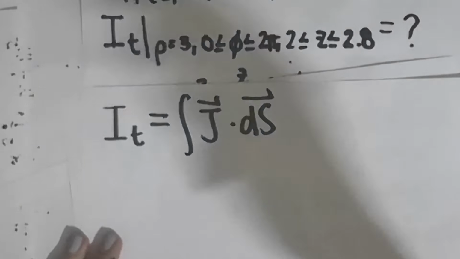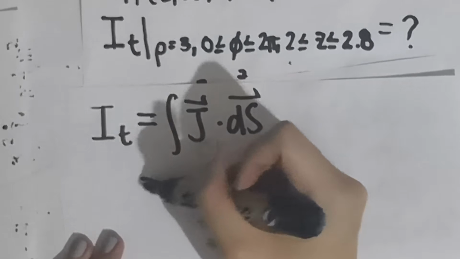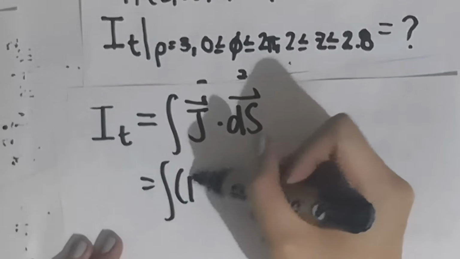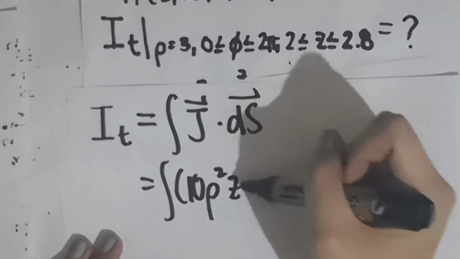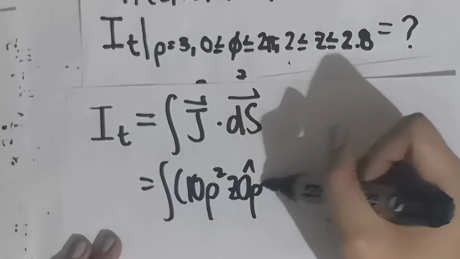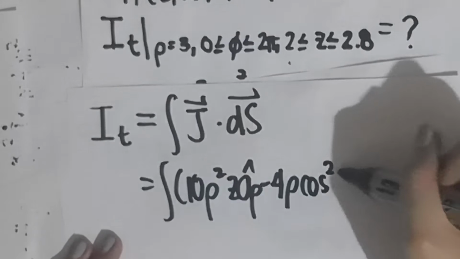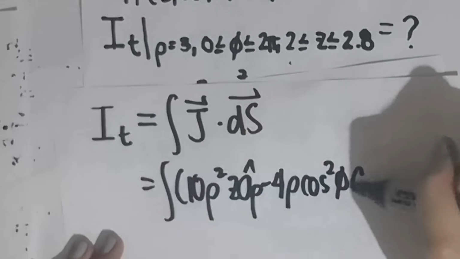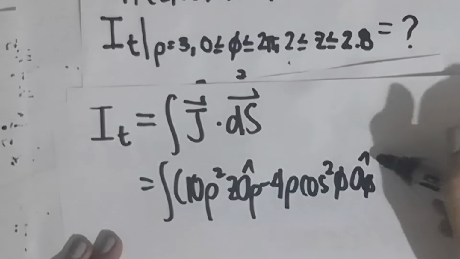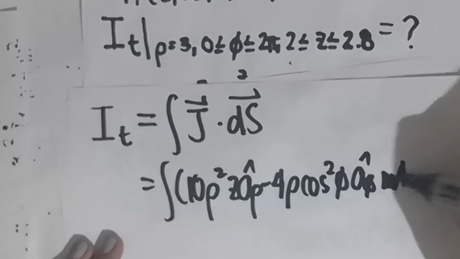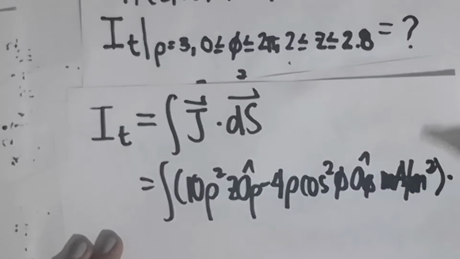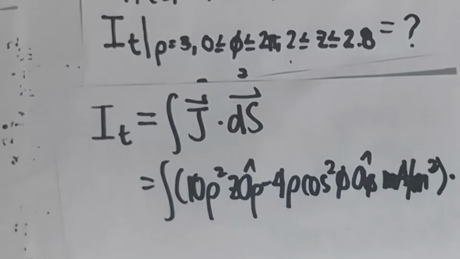We already have the expression for J, so that would be 10 rho squared z a rho minus 4 rho cosine squared phi a phi milliampere per meter squared dot ds.